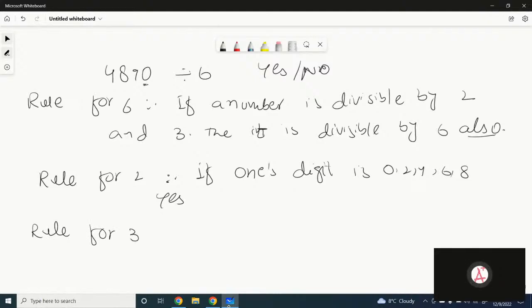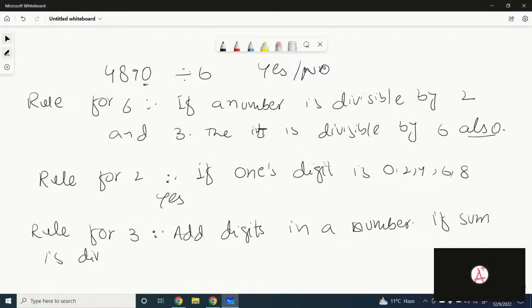The divisibility rule for 3 is to add the digits in the number and see if the sum is divisible by 3. If the sum is divisible by 3, the number is divisible by 3. Got it?